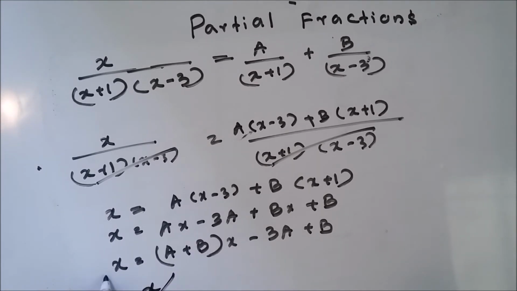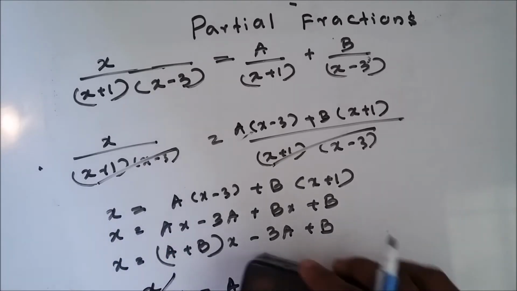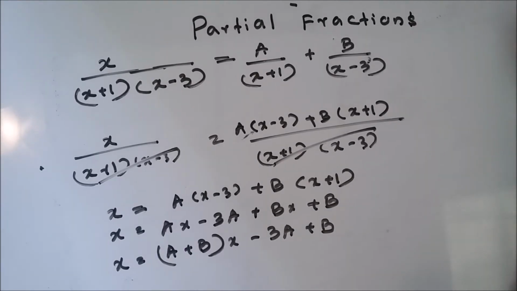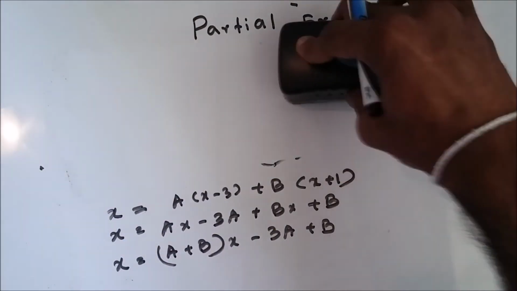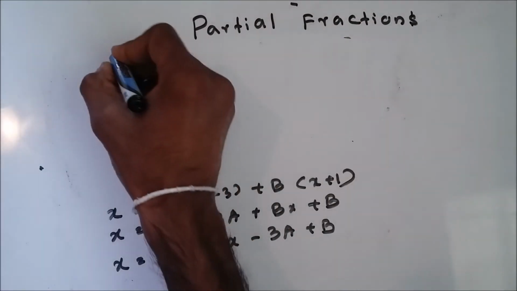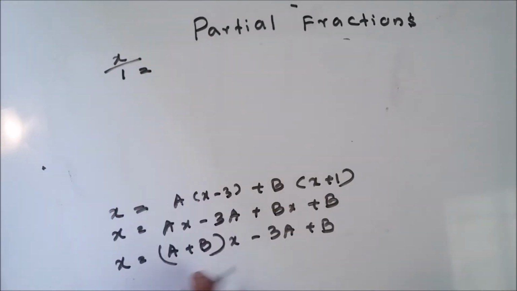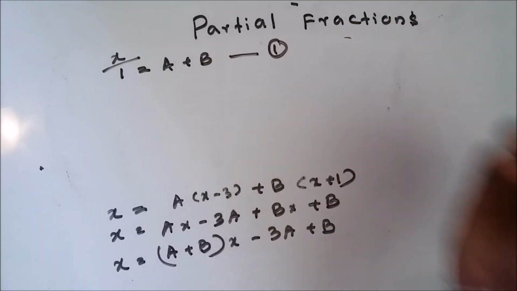Here the coefficient of x is 1, this side A plus B. This is our first equation.